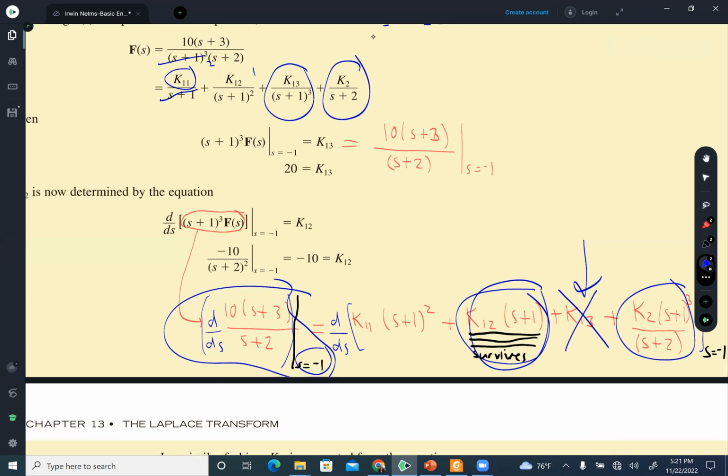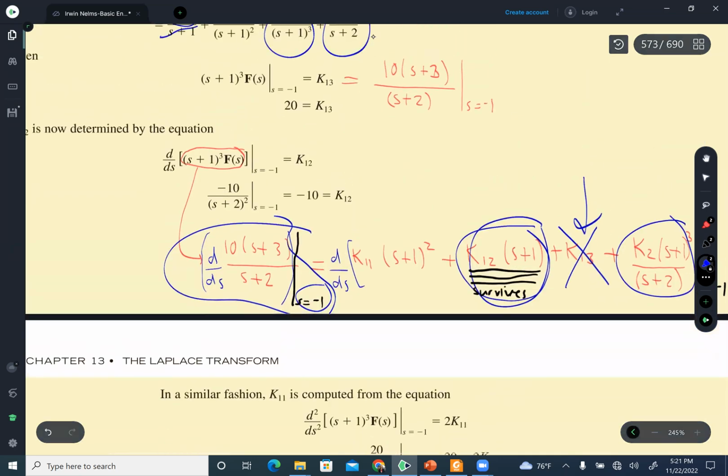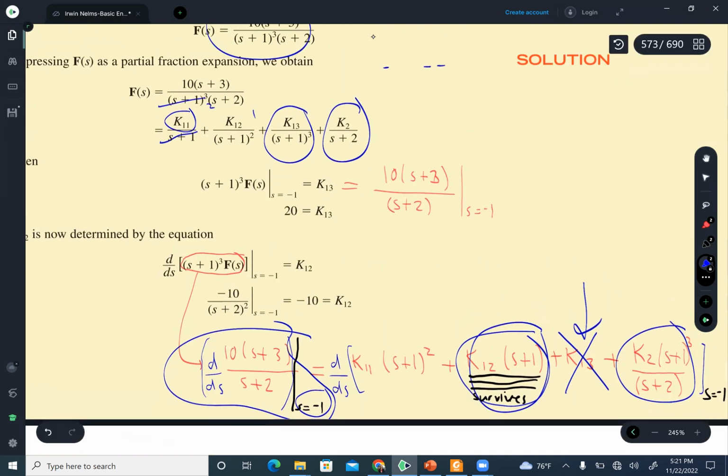Now, if you want to find the other terms, for example, K11, right? Then what do you need to do? You do exactly what we did here, except you differentiate twice. In other words, these are the steps.